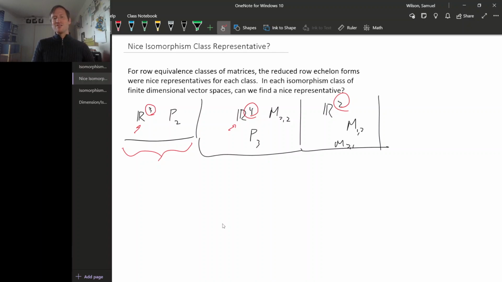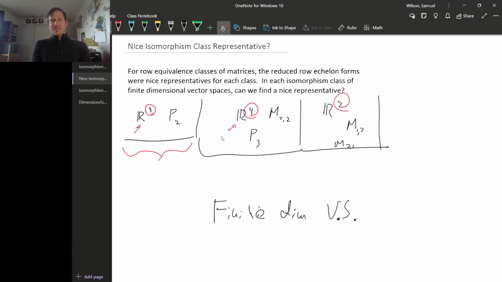And in what follows, I have to emphasize that we're only worrying about finite dimensional vector spaces here. Things get more complicated if you are working with infinite dimensional spaces.